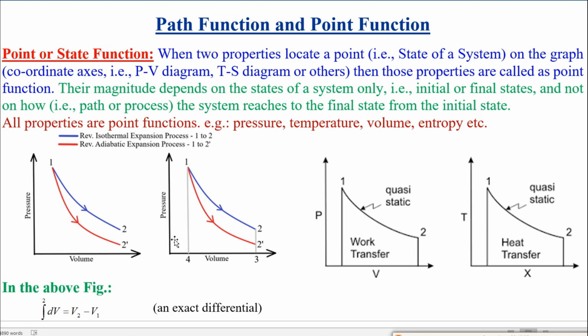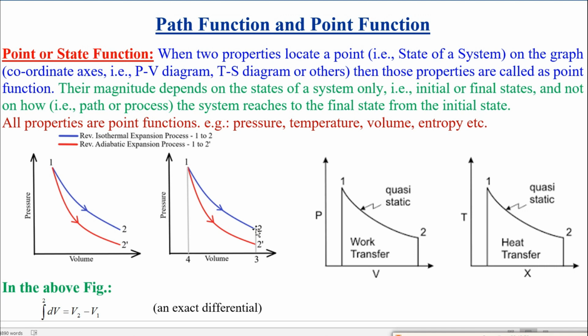So their magnitudes, that is P and V, depend upon the initial state 1 and the final state 2 or the final state 2 dash, but they do not depend on how the path is followed by the system. Say 1 to 1 dash red path, 1 to 2 dash red path, and 1 to 2 is blue path.